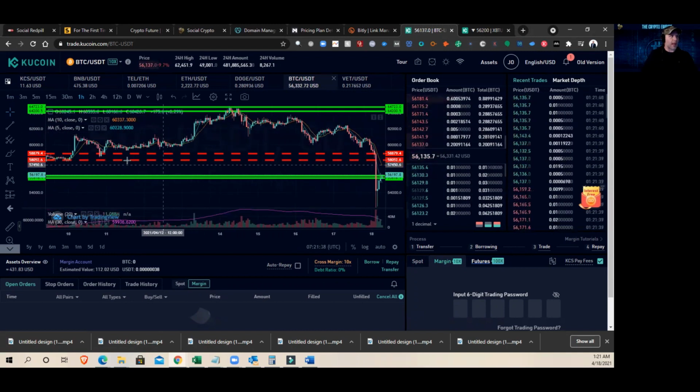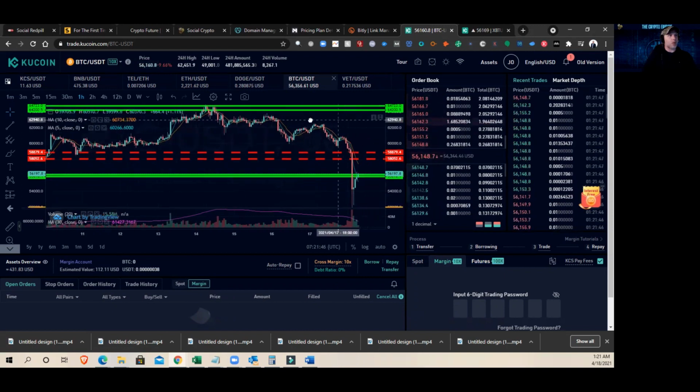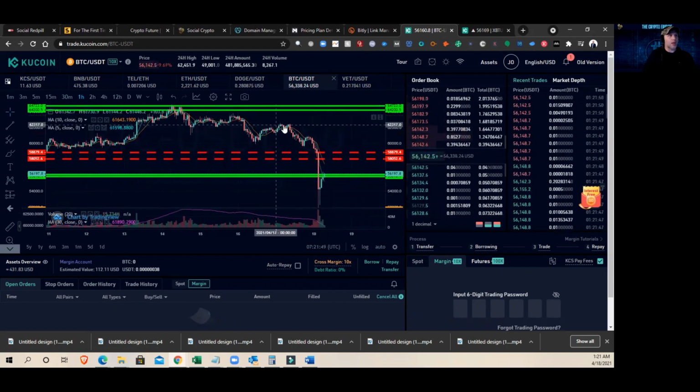Some of them dropped off and took some profit, came back in and bought, then took profit here. They saw Bitcoin tumbling down, and so they get out of their trade.